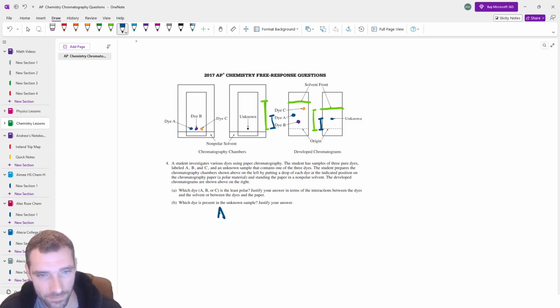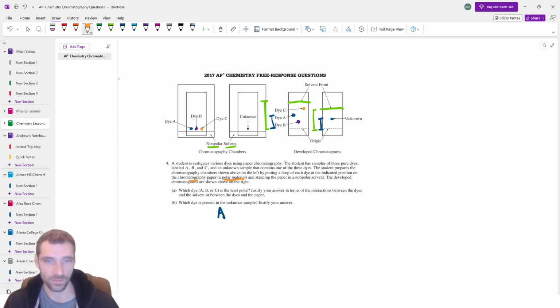And what's important to note is that they tell you in this problem that your solvent is nonpolar. And so that is quite useful. And they even tell you that the chromatography paper is a polar material.